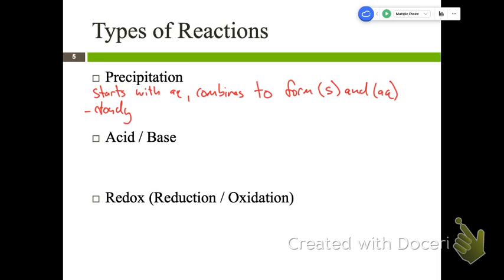It gets cloudy first, and then what happens? Put it in the spinner. And then what do you get at the bottom? You get some sort of pellet, or precipitate.